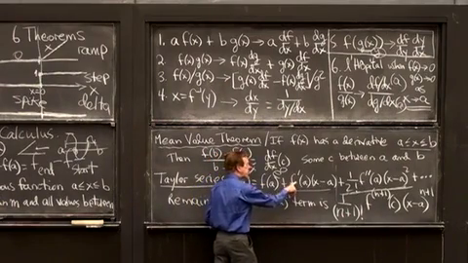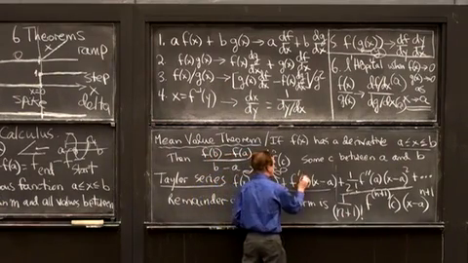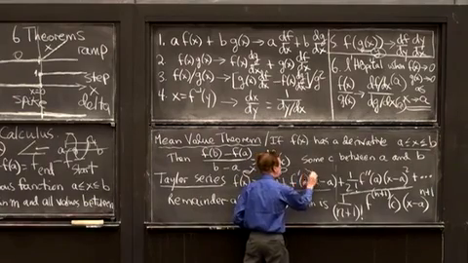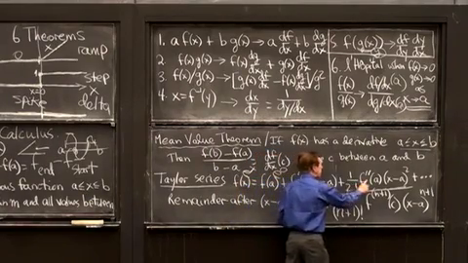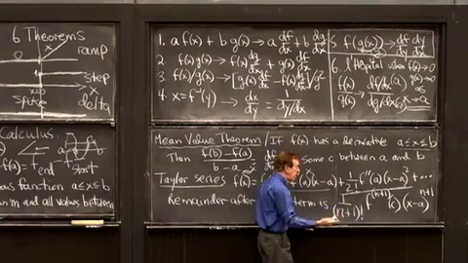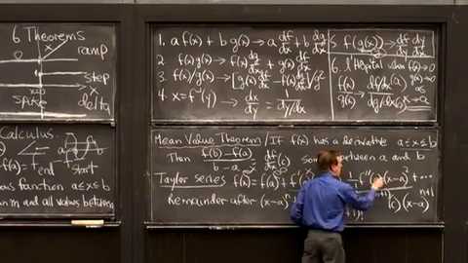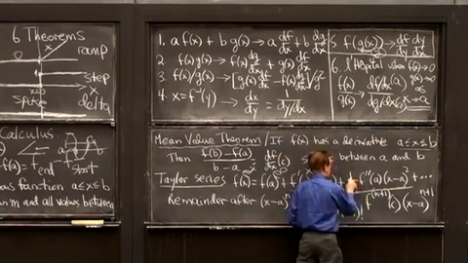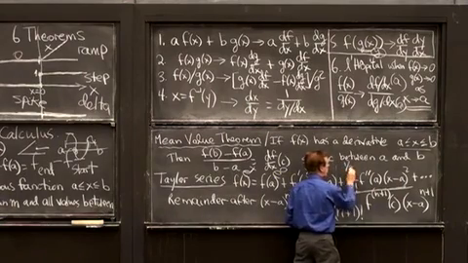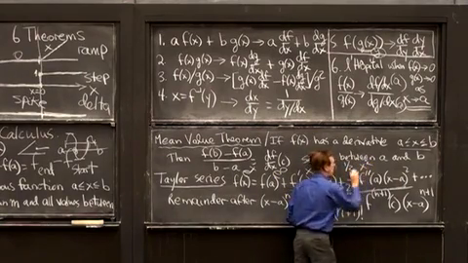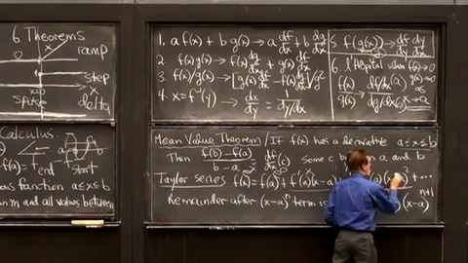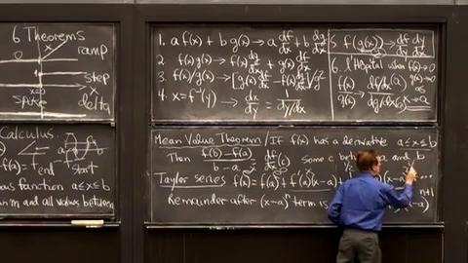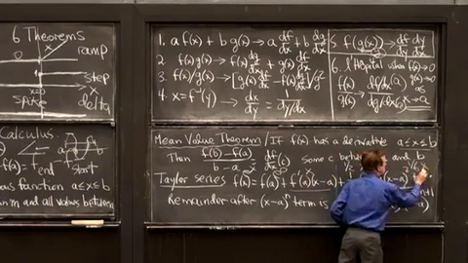Its slope is 1. So this is 1 times x. Its second derivative is again 1. And a is 0 here, so this would be 1 over 2 factorial x squared. And then that next 3 dot term would be 1 over 3 factorial x cubed.